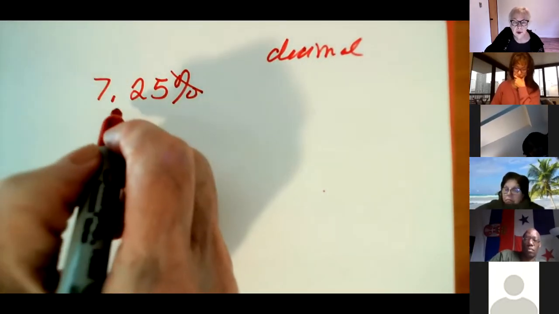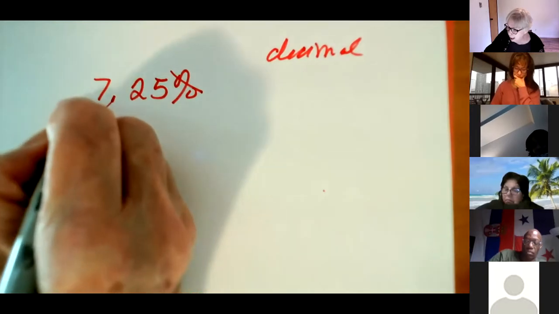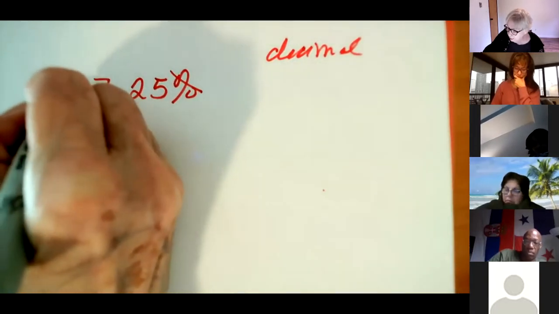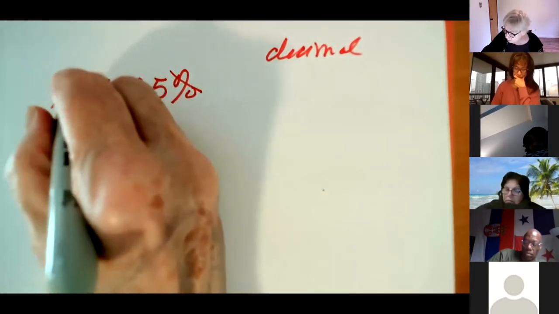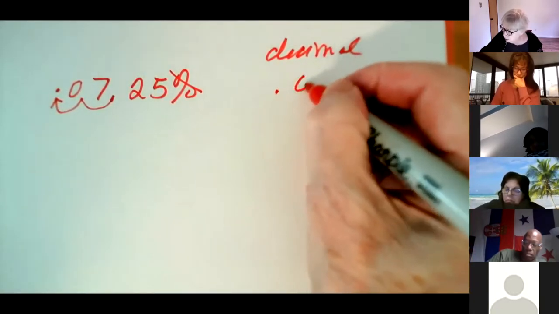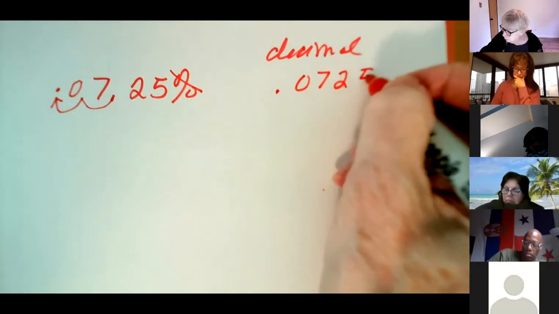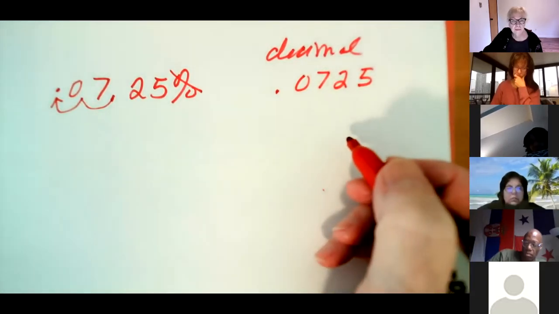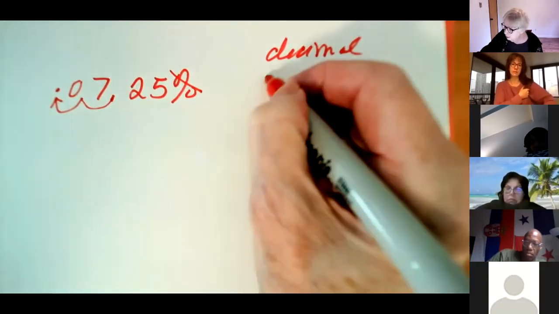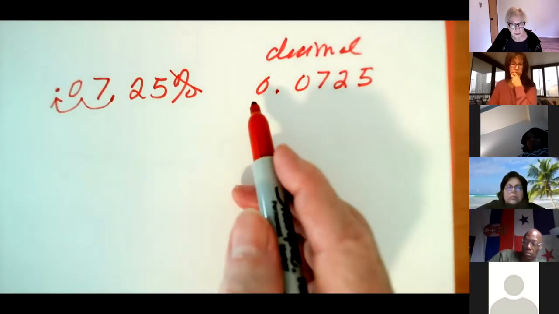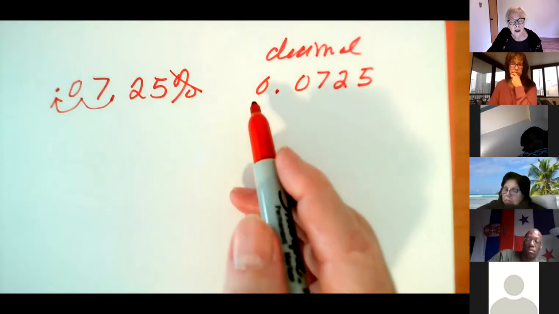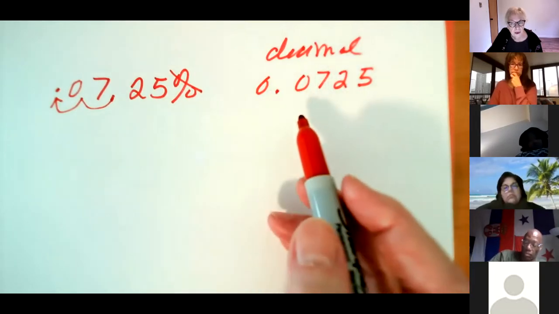The percent comes off, the decimal goes back 2 places to the left. So I'm getting 0.0725. You don't throw anything away. And then at the very end, add that extra 0 at the front. So that's what we need to do.